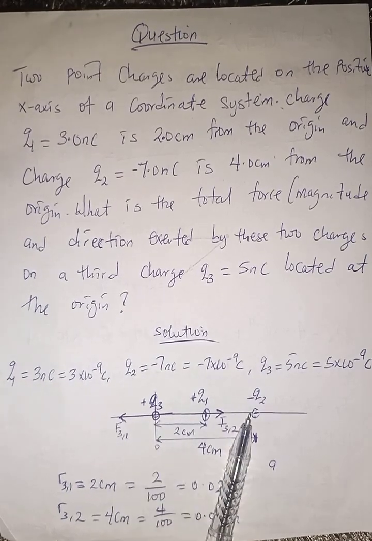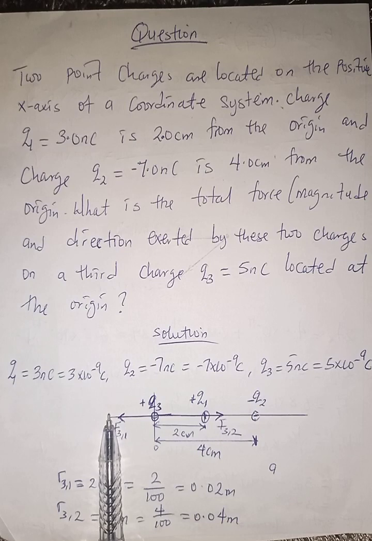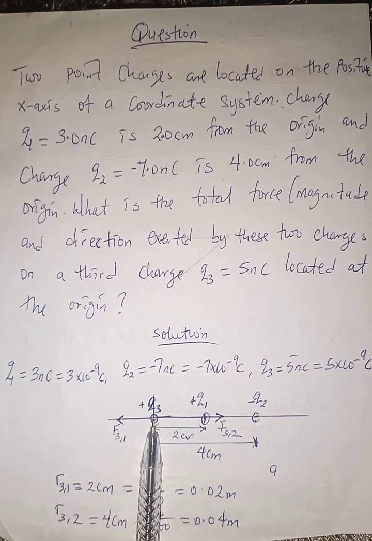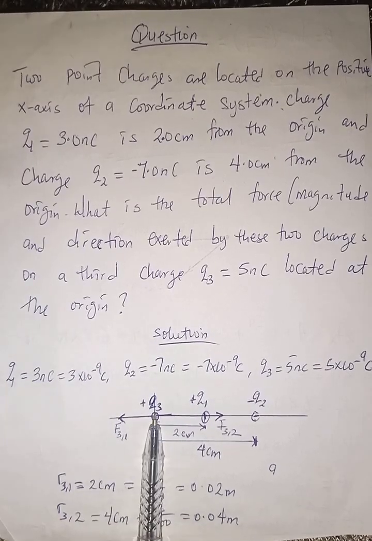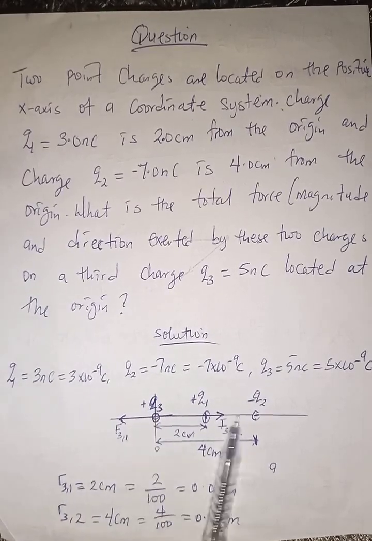So one force is going towards the right hand side, the other towards the left hand side. Another way, one force is going towards the positive x, the other towards the negative x. Remember, left hand side is negative, right hand side is positive.